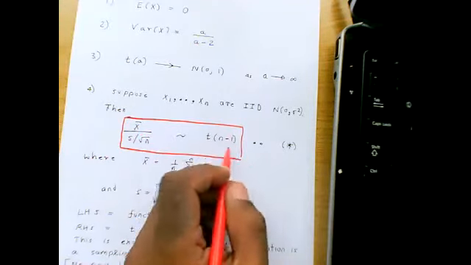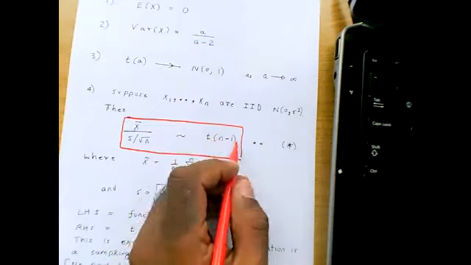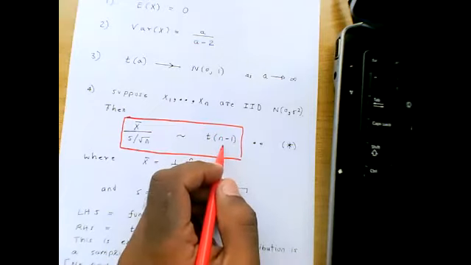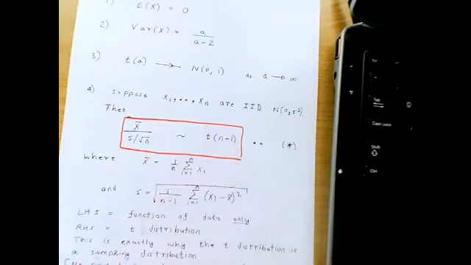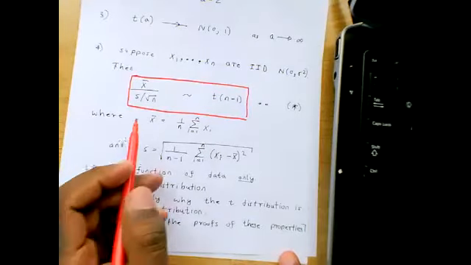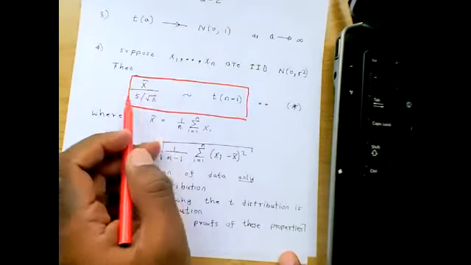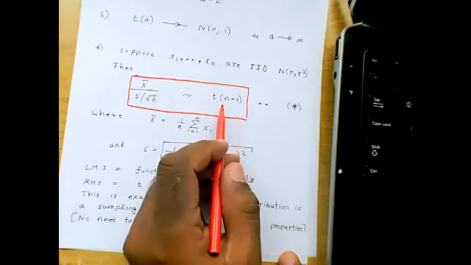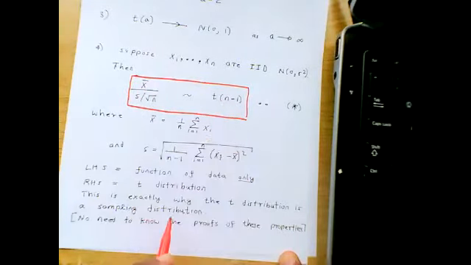And the right hand side is a distribution, the student's t distribution. And hence, because a function of data follows this distribution, the t distribution must be a sampling distribution.